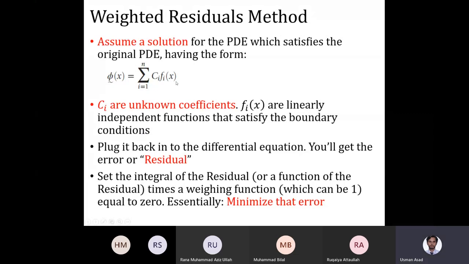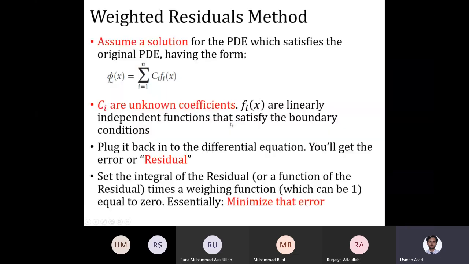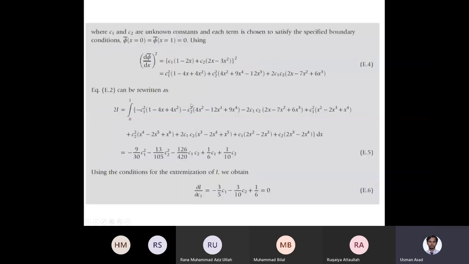So ये यहां तक जो है ना, ये वही काम है जो हमने 2 मिनट पहले किया था कि assume some solution to the partial differential equations, which is C1 multiplied by F1 plus C2 multiplied by F2, and this F1 and F2 are linearly independent. ऐसा नहीं है कि इसको किसी constant से multiply कर दो तो दूसरा function बन जाए. So they have to be linearly independent and they have to satisfy the boundary conditions. यहाँ तक का काम हमने 2 मिनट पहले अभी दोबारा किया.